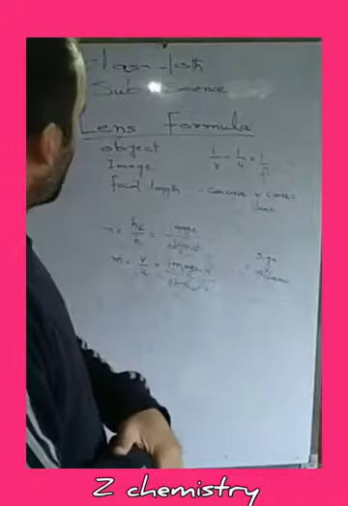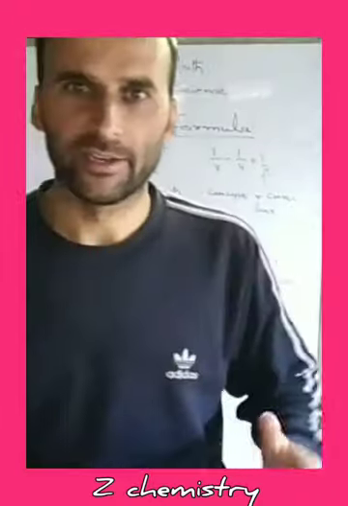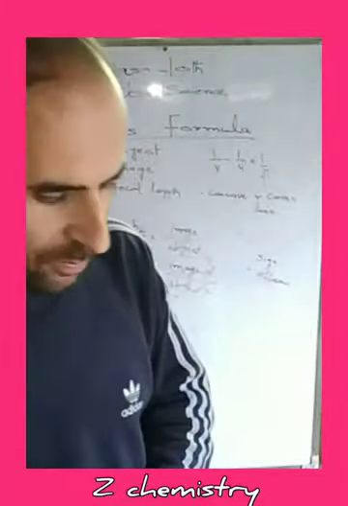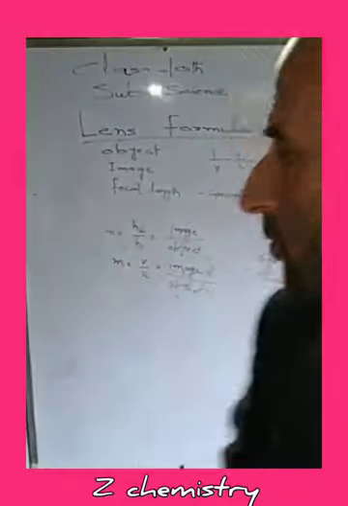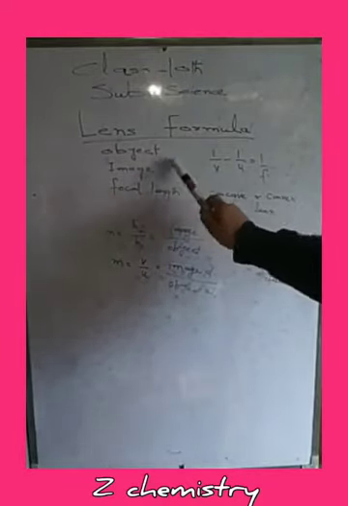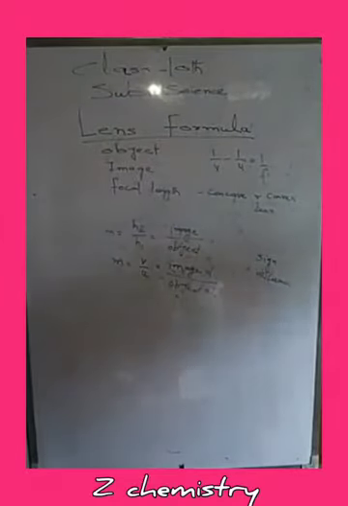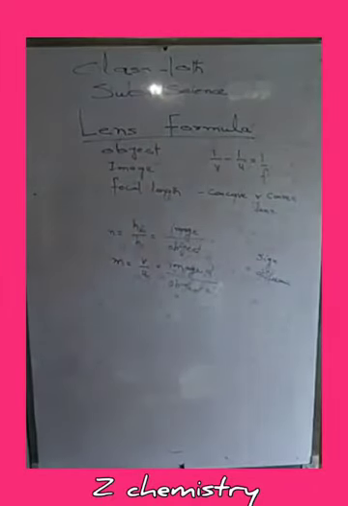Today's topic is about the lens formula. Just like the mirror formula, this lens formula is the relationship between three important terms: image distance, object distance, and focal length of the lens.